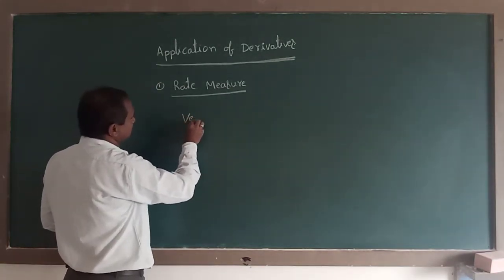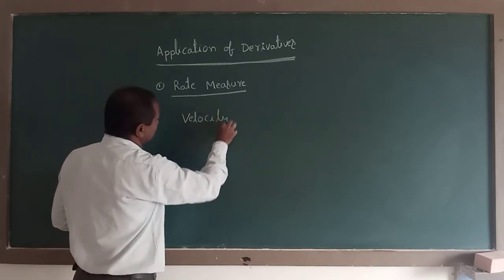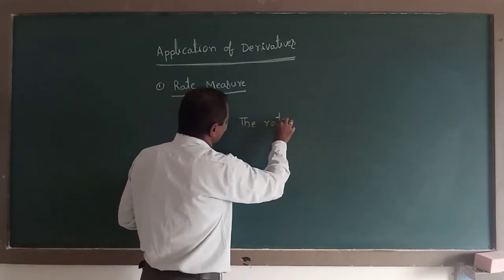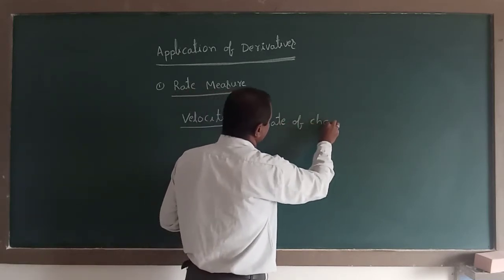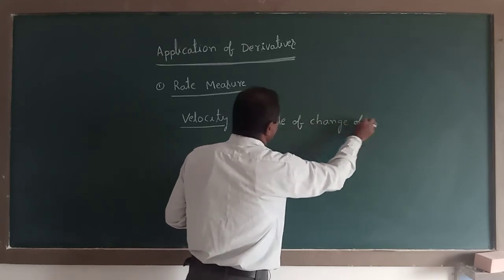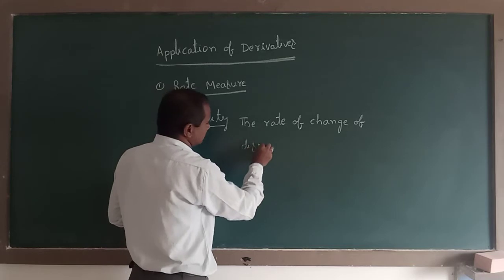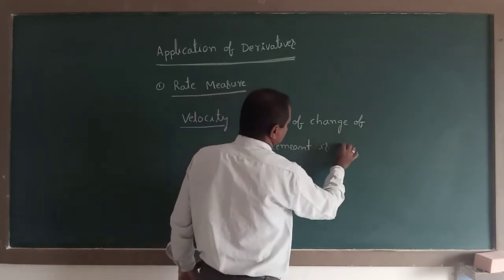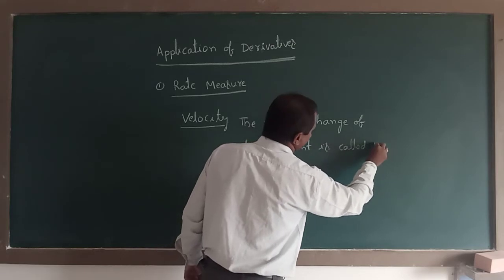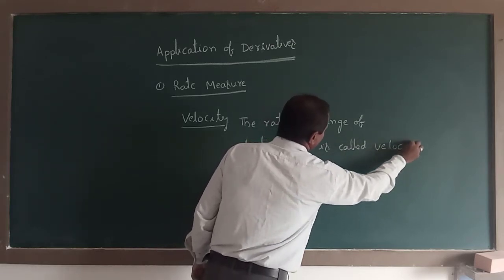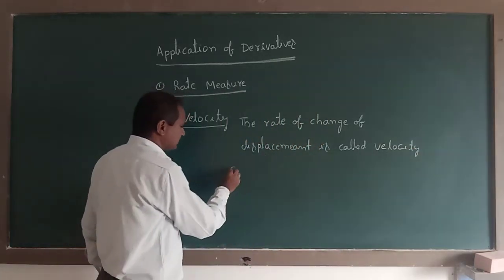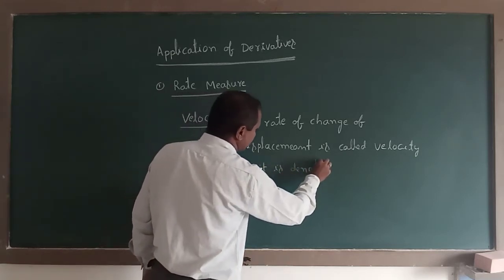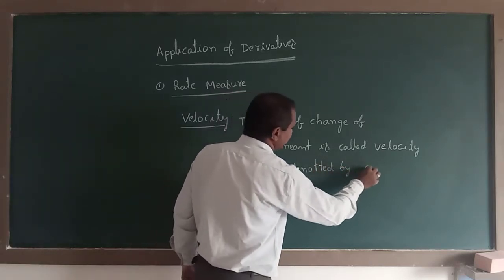displacement, velocity. Definition of velocity: the rate of change of displacement is called velocity, and it is denoted by ds by dt.